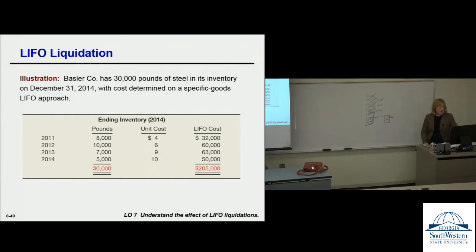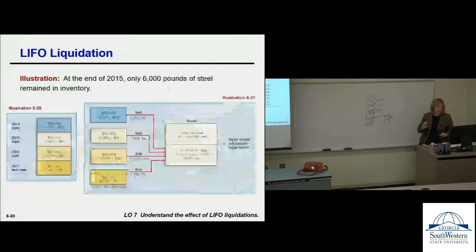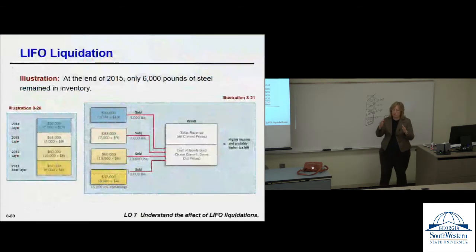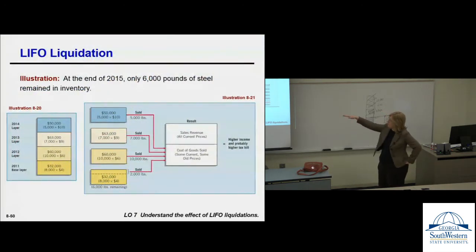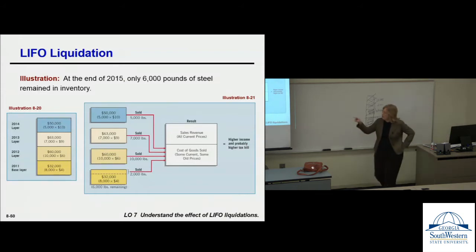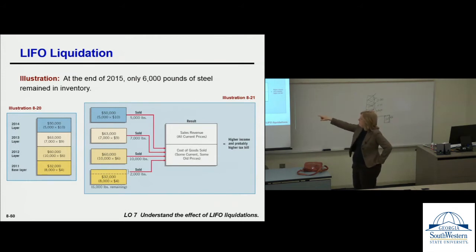Okay, so here they're trying to give you the distinction between the specific goods approach, which would be you're keeping track of your spinach, and a problem with the specific goods approach, like in here, where the costs of your ending inventory are going up, but if you sell some of it down, see in this case on the right, we've sold everything down to the 6,000 pounds remaining, that little dotted line on the right.